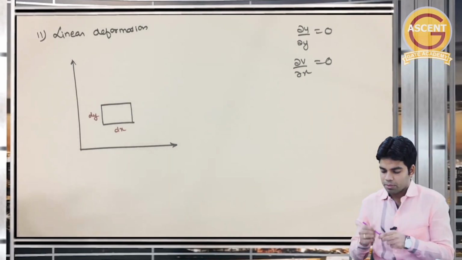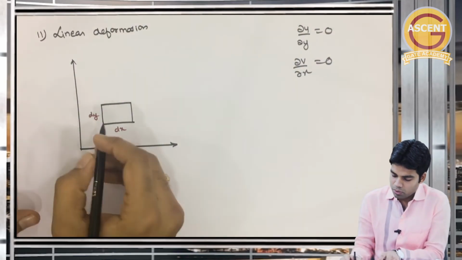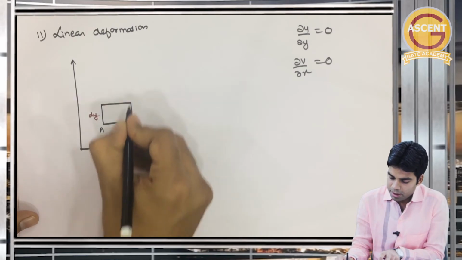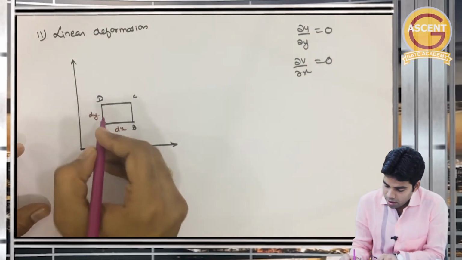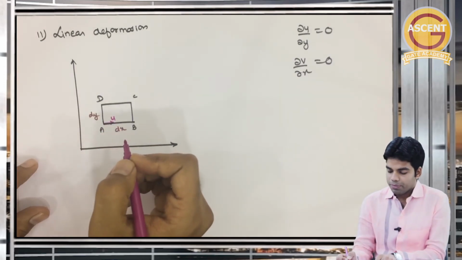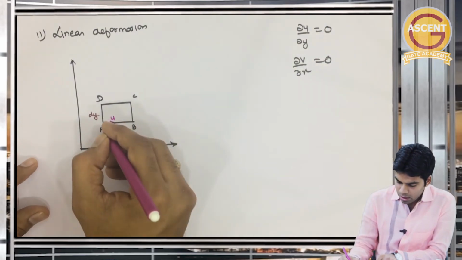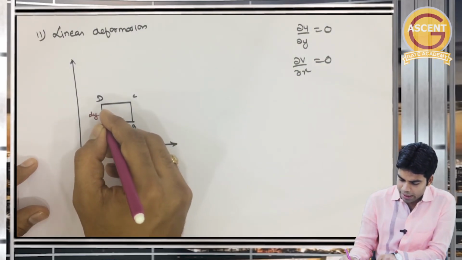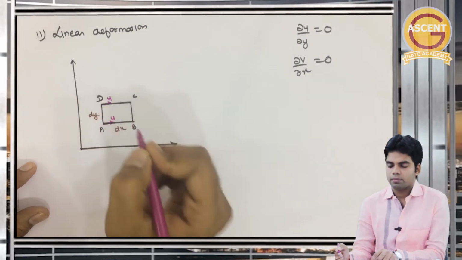Now what does this mean? Suppose these are 4 points a, b, c and d. If at this particular point we have the velocity u, this is not changing with respect to the y-axis. So at all the points of AD, the velocity in the x direction will be the same as u.